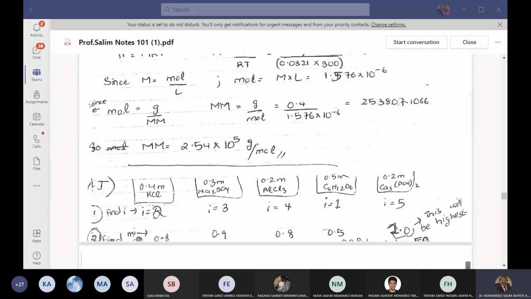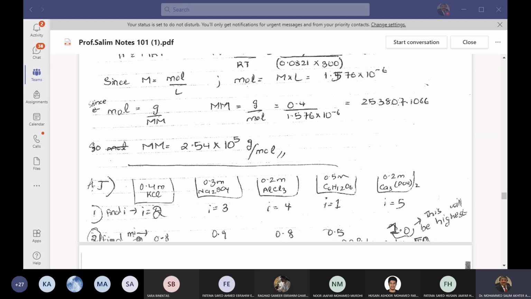So molar mass is 31.15 divided by 0.2056. 31.15 divided by 0.2056, and the answer is 151.5 grams per mole.